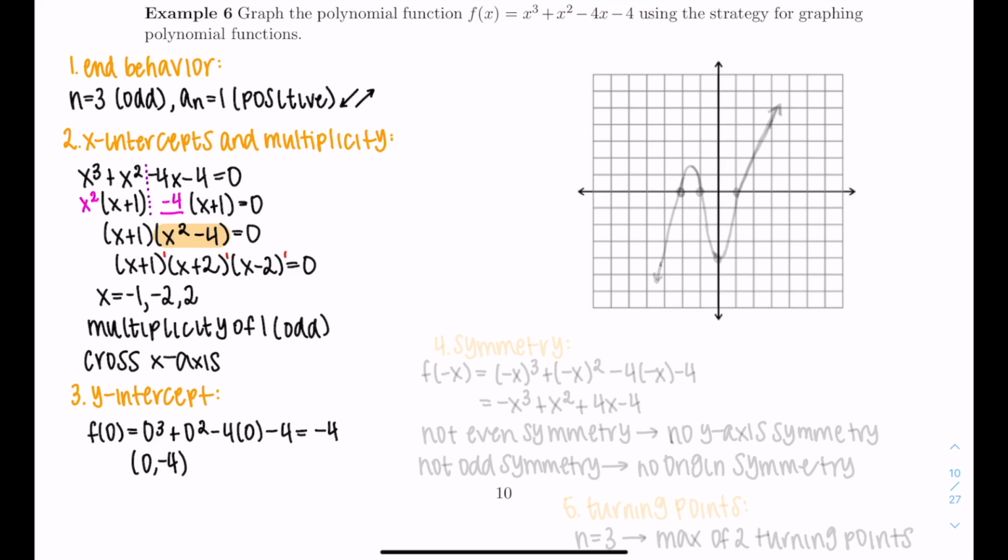The fourth thing we want to talk about is symmetry. And so we want to plug in a negative x and see what we get. So that's negative x cubed plus negative x squared minus 4 times negative x minus 4.